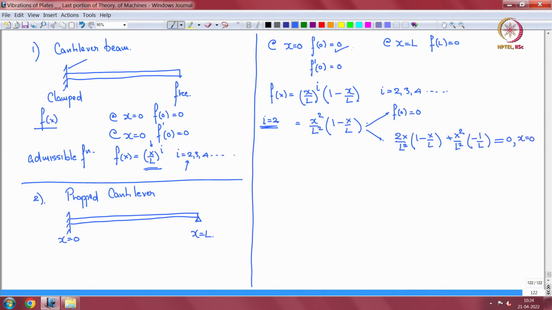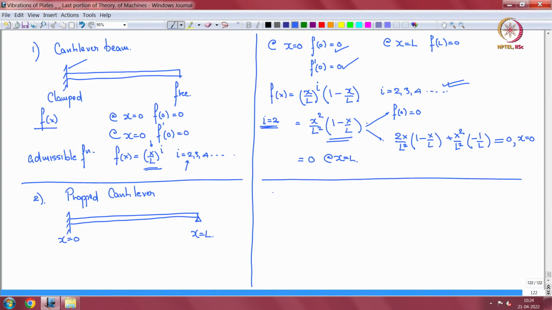So these two are satisfied. And at x equal to L, this goes to 0, so it is 0. So this is a set of admissible functions.